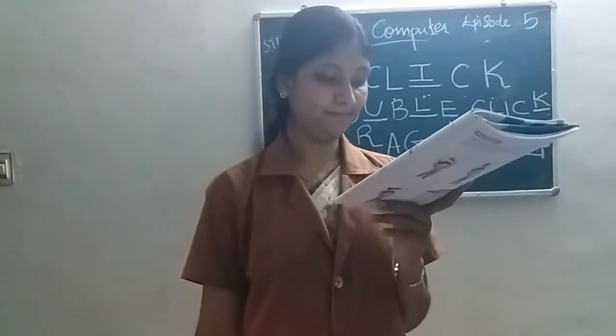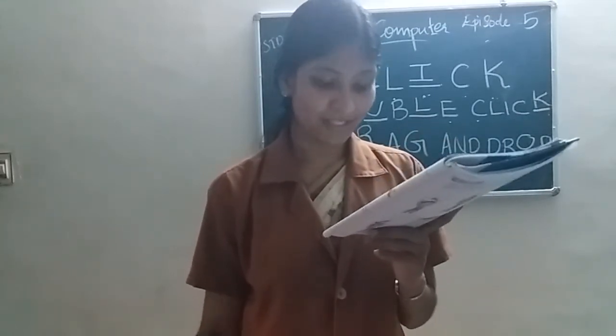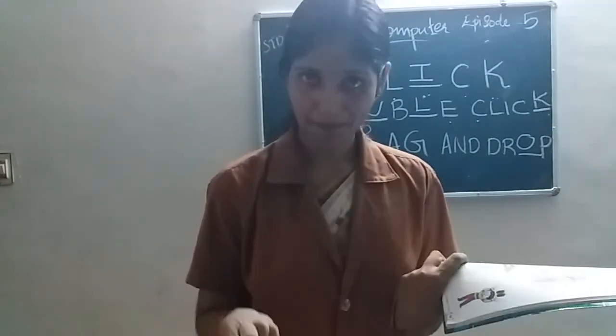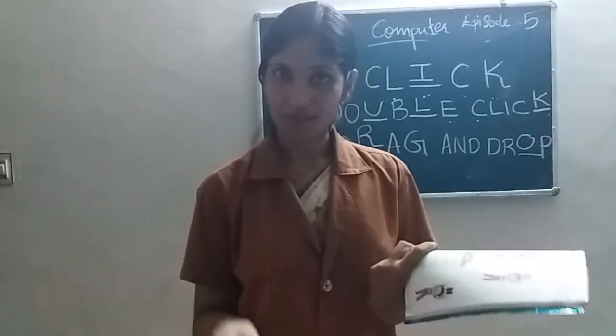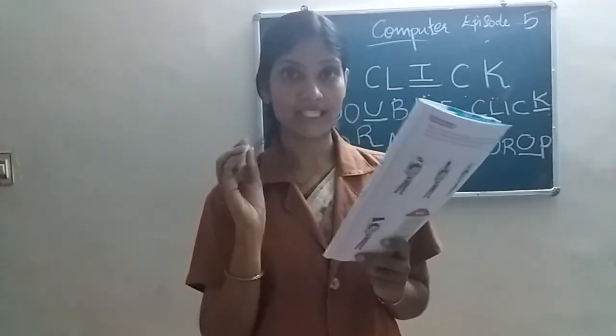Okay. Then fifth question. A desktop computer is the smallest size of the computer available. We have studied the different types of computer: desktop computer, laptop computer and a tablet. Then which one is the smallest? Yes, tablet is the smallest among the three.